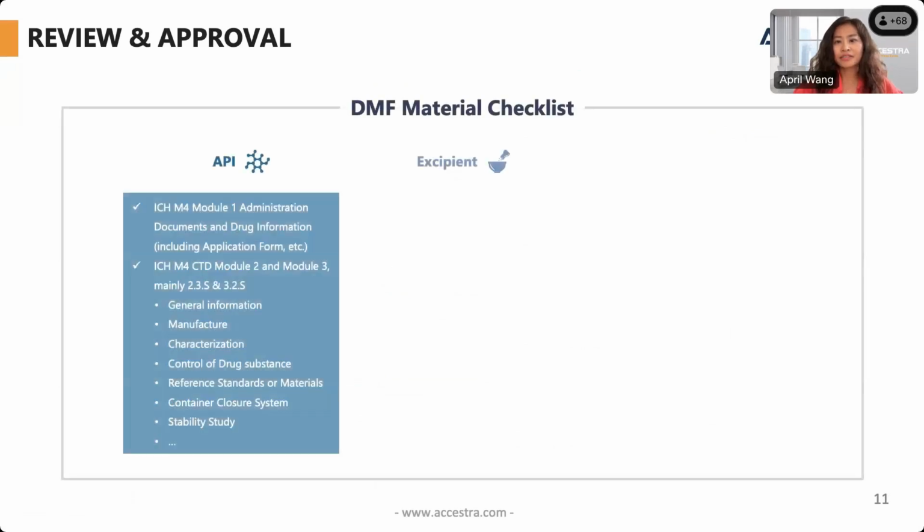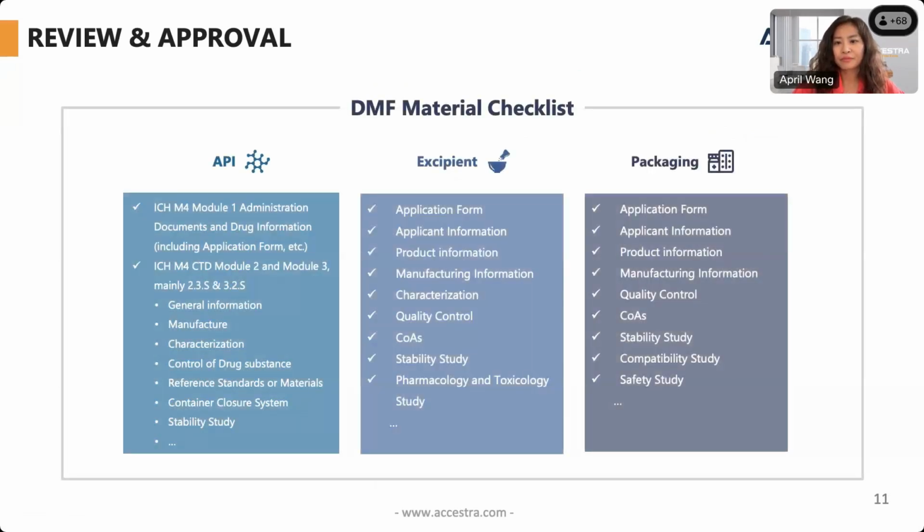And here is the general DMF material checklist for AEP respectively. Before filing a DMF, you need to prepare a product dossier according to China regulatory requirements. Some of the requirements in the checklist are common across all categories of AEP, such as applicant information, certificates, and a letter of authorization. Others are category specific.